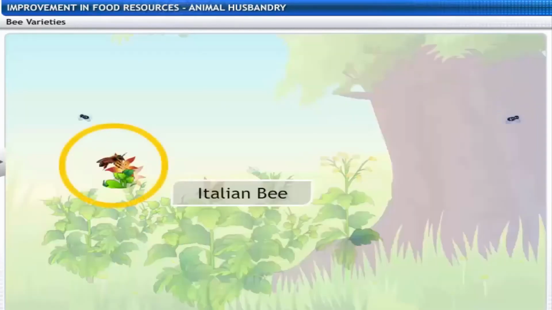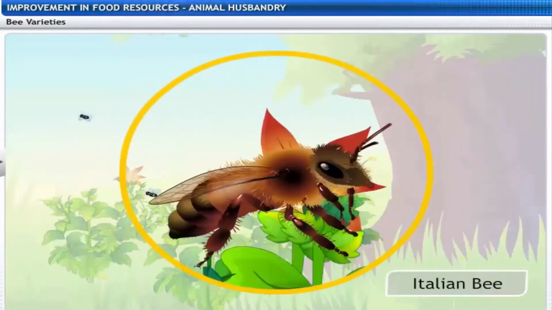An Italian bee variety, Apis mellifera, is commonly used for commercial honey production as bees of this species have a high honey collection capacity.